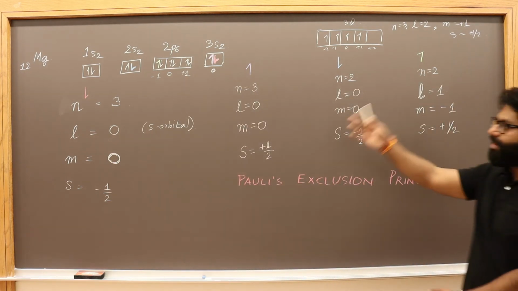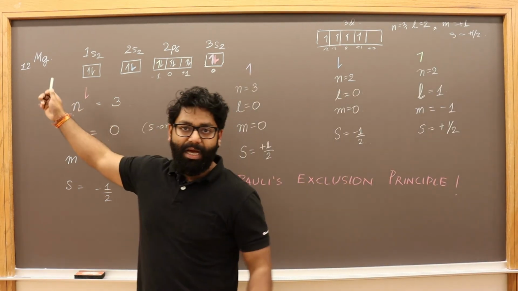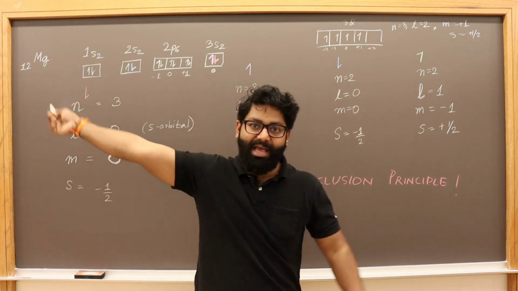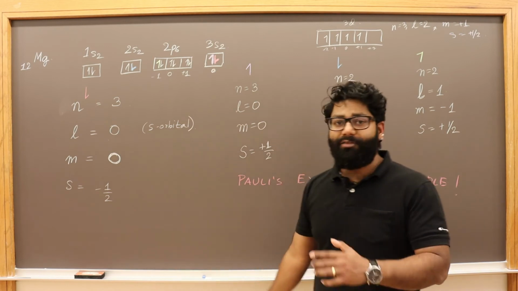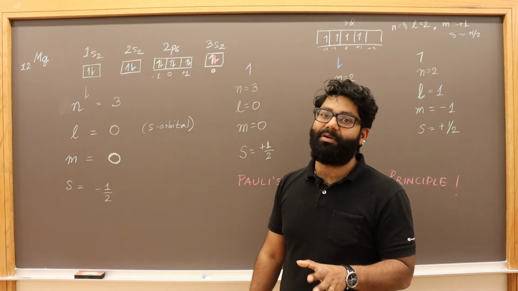Now you see we have 4 electrons, just for example. You can write down the 4 quantum numbers associated with all the 12 electrons. Even when you write all of them, you will see none of those electrons will have the same set of 4 quantum numbers.